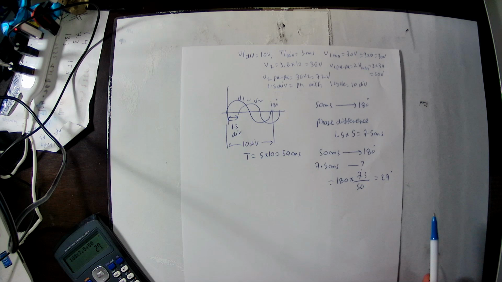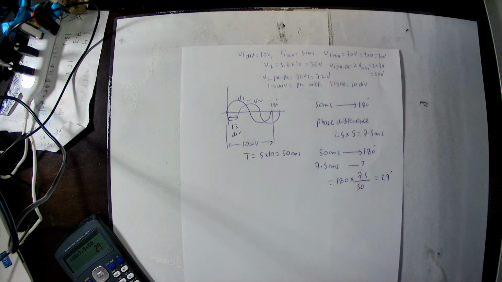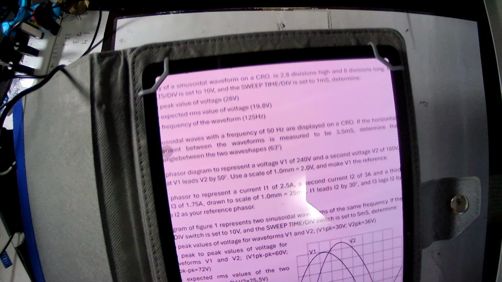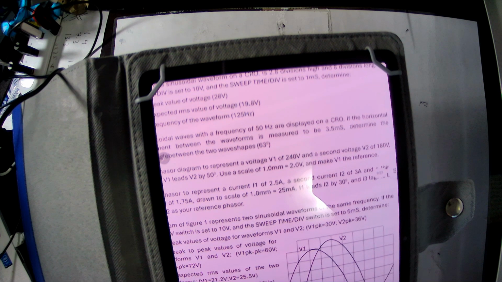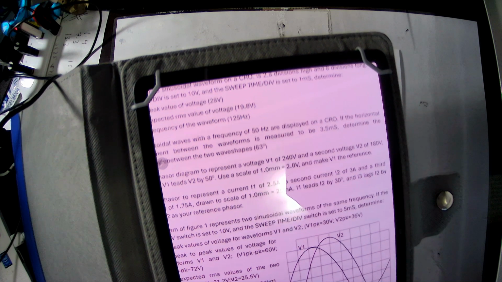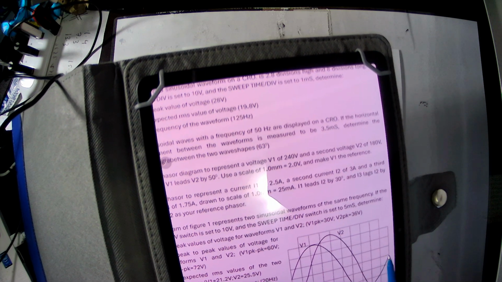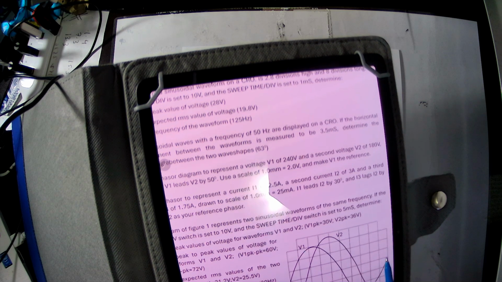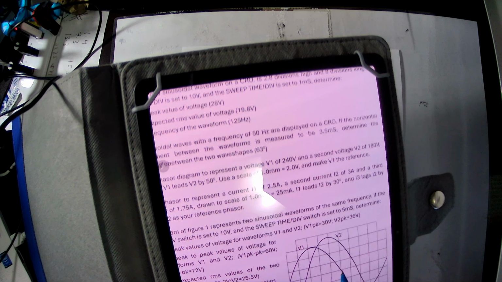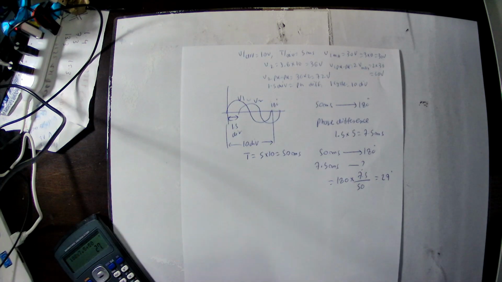And to complete one cycle, how many divisions? You see the V1 here, we can count 1, 2, 3, 4, 5, 6, 7, 8, 9, 10. 10 divisions is required to complete the 180 degree. This here is 90 degree. Here is 360 degree. Sorry, not 360 degree.